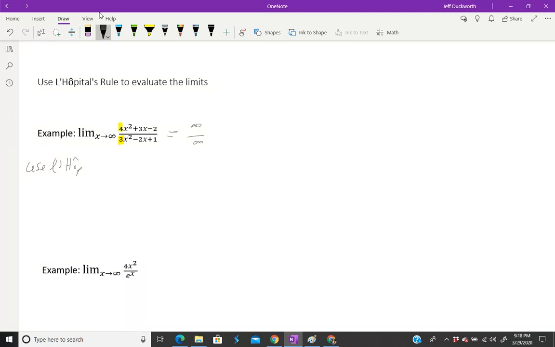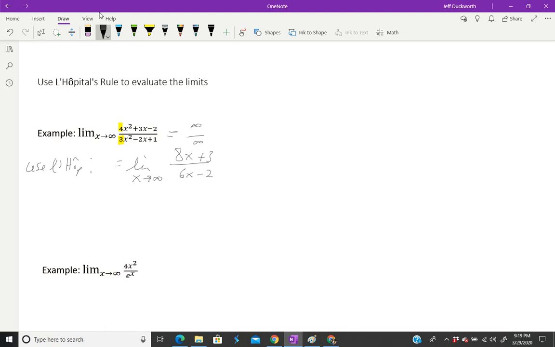So this equals the limit as x approaches infinity of the derivative of the numerator, which is 8x plus 3, over the derivative of the denominator, which is 6x minus 2.